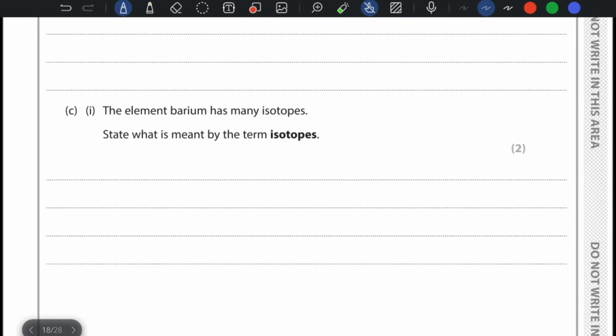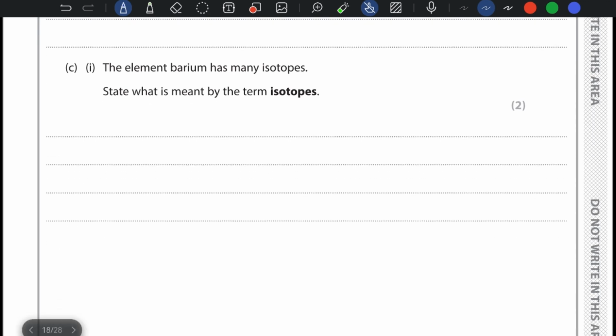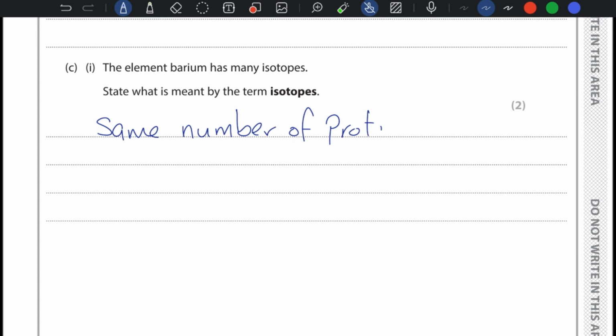Next part. The element barium has many isotopes. State what is meant by the term isotopes. Isotopes contain the same number of protons and a different number of neutrons.